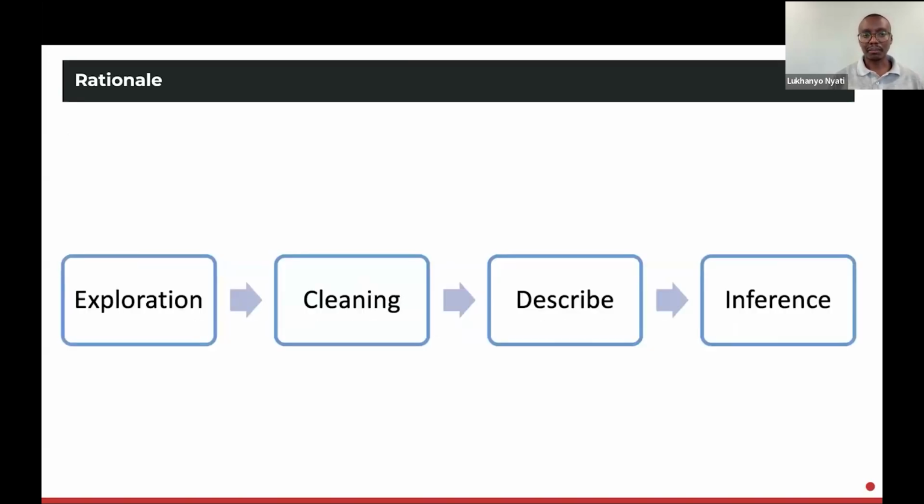And really the process that we take when we're analyzing data, we do not start with making inferences or even describing data, which is the descriptive analysis, but we start with data exploration.